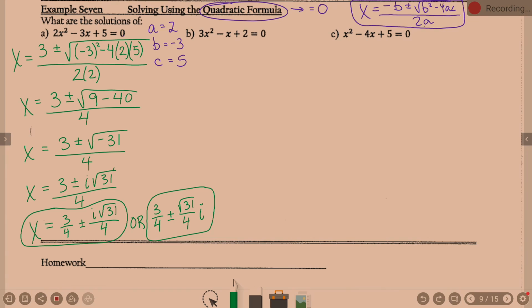So 3/4 plus or minus square root of 31 over 4, and then times the i at the end. Those are both good equivalent answers. And MyMathLab should definitely be fine with either of them. There's a chance it will be fine with the previous line. Don't count on it though. Just be excited if it works, right?